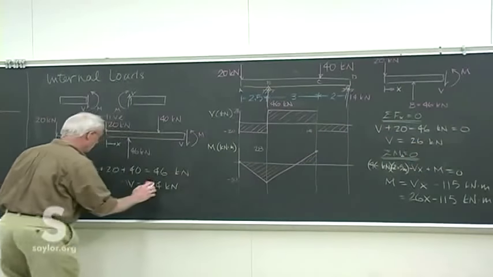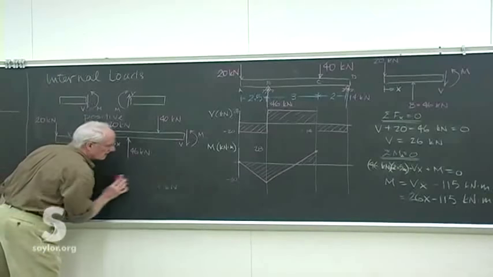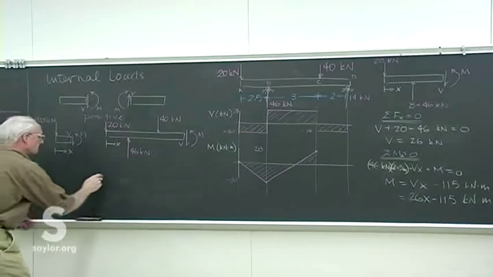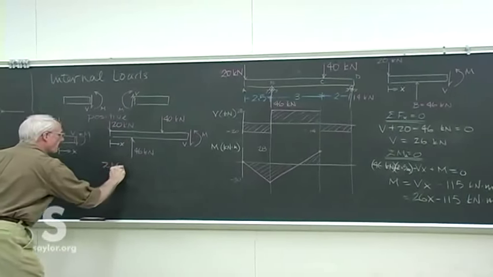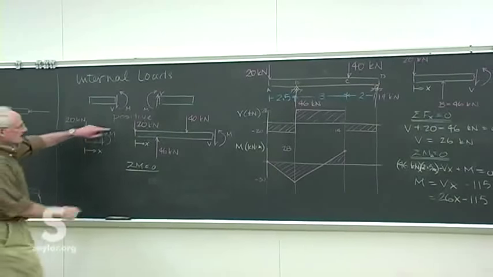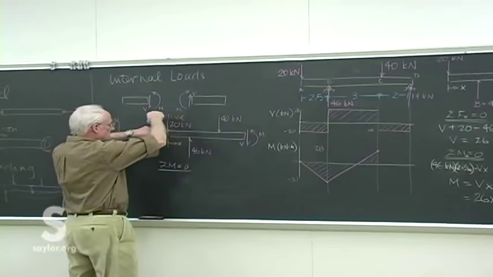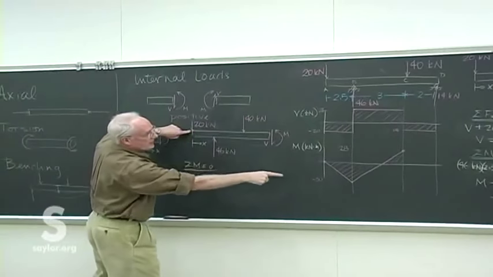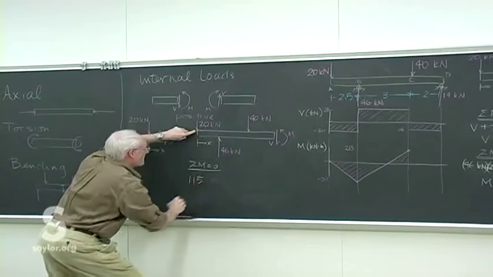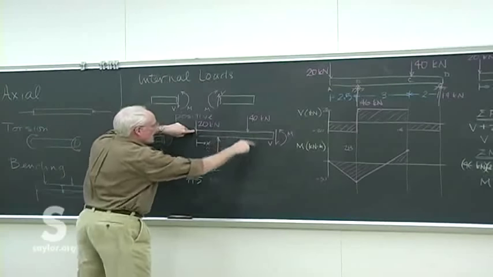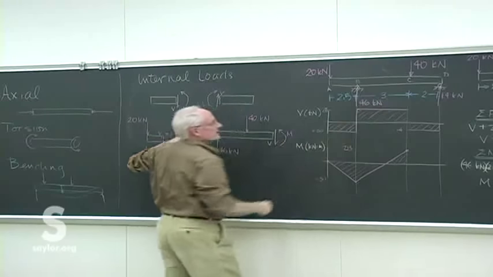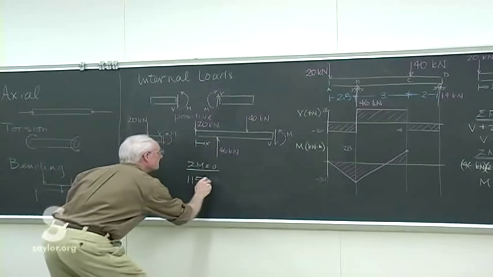That was pretty simple. Let me just erase that and do the moment. So we've got a positive 46 times 2.5, which we know to be the 115. And the opposite direction is 40 times 2.5 plus 3, 5.5.